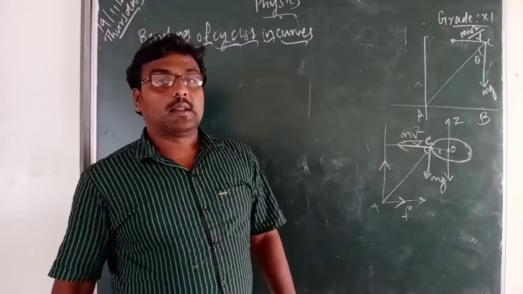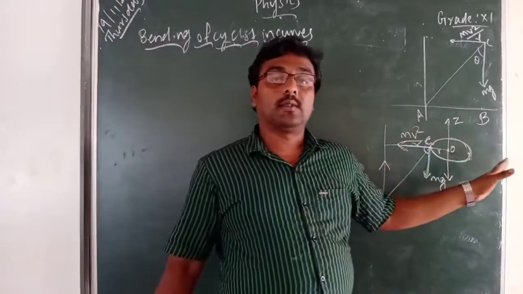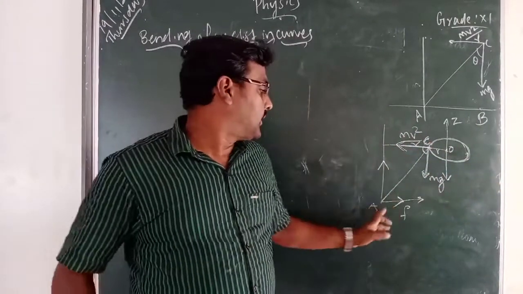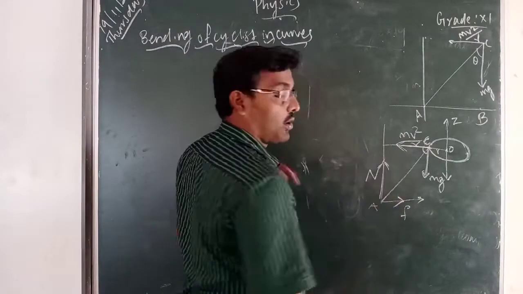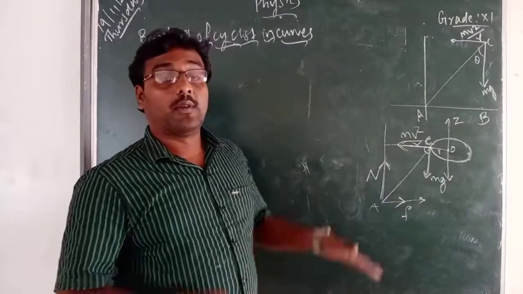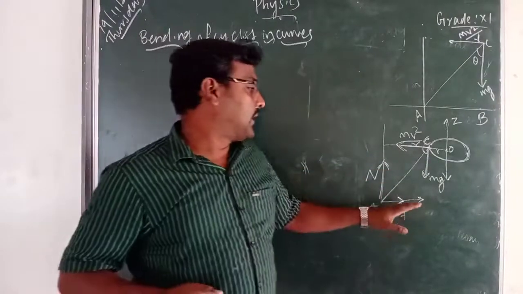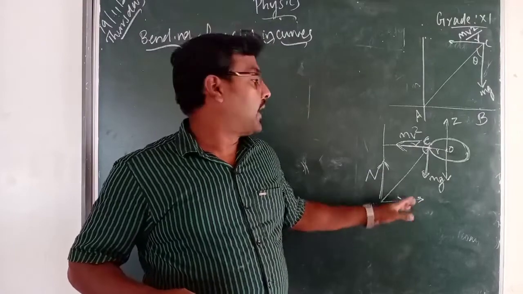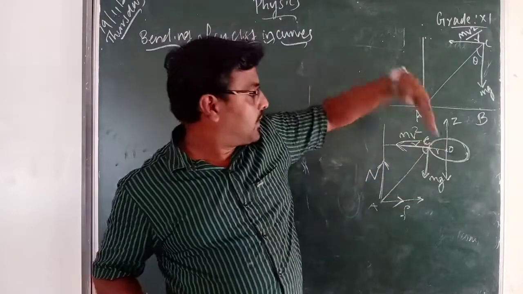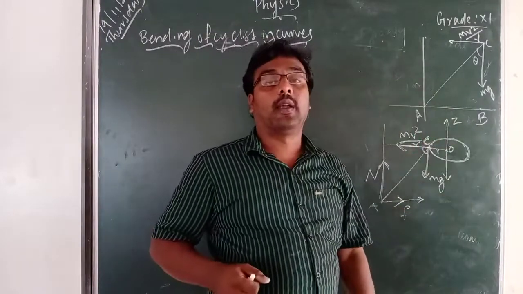Now we can consider the forces acting on this. There is a normal force acting upward. When the cyclist bends, there is a frictional force F acting, and the gravitational force mg acting downward.